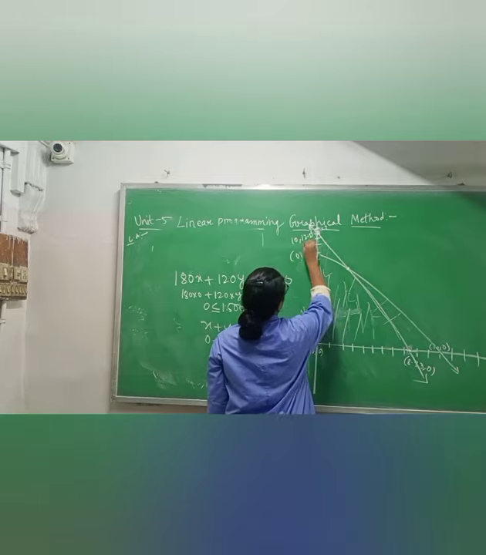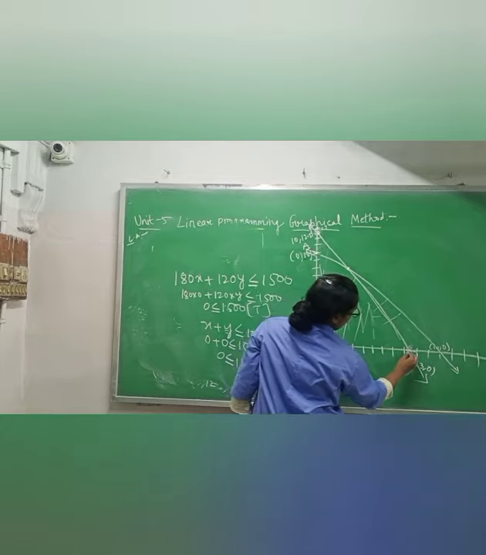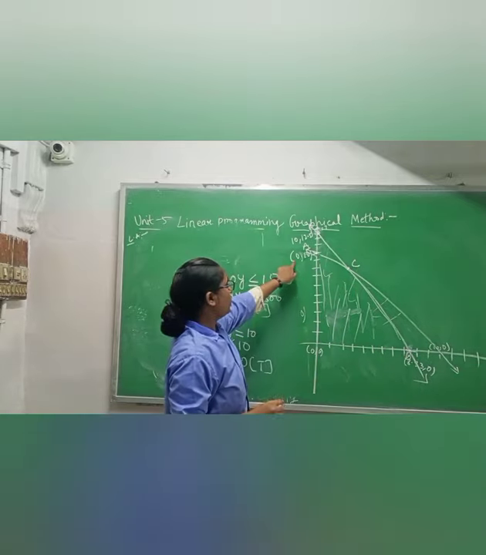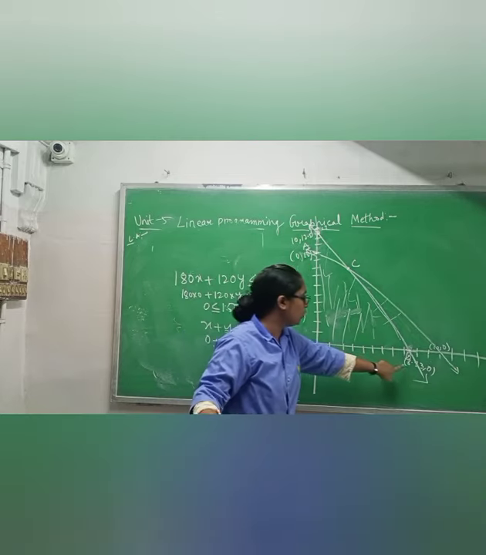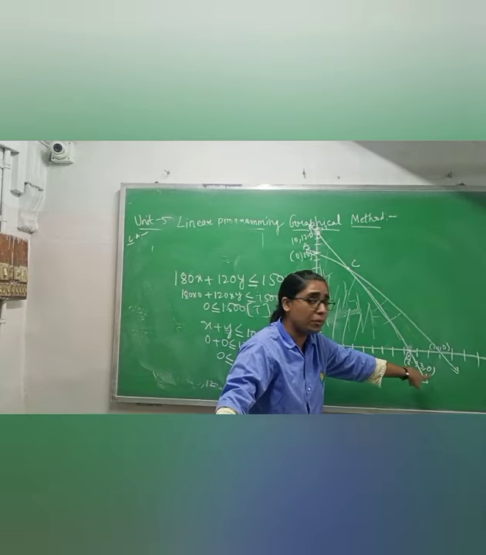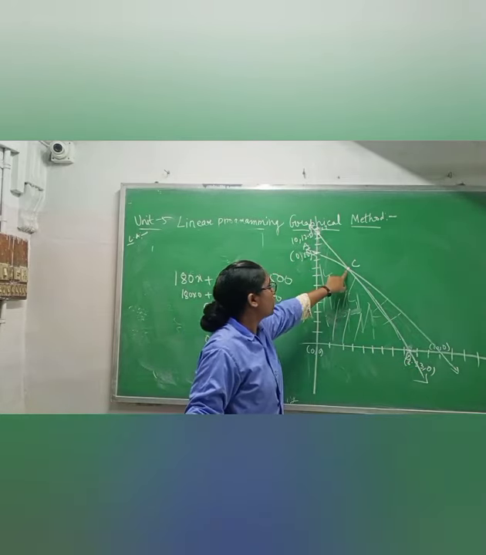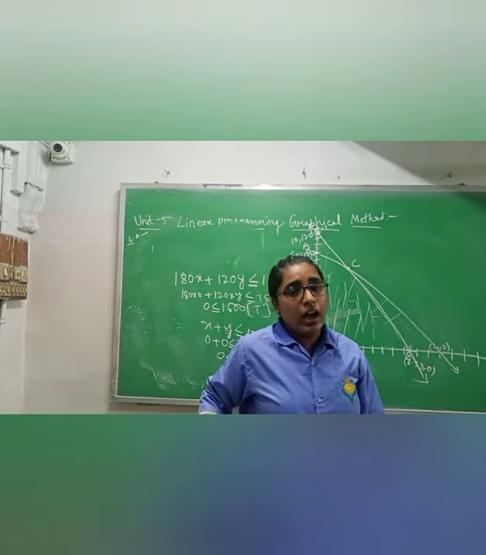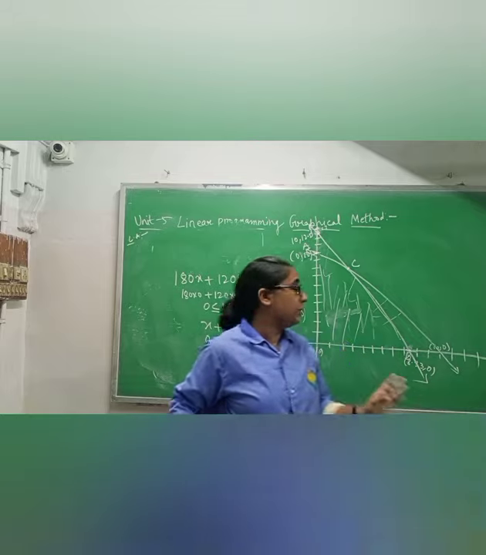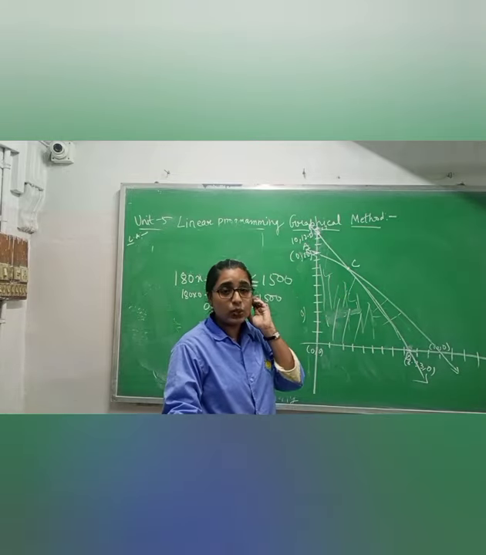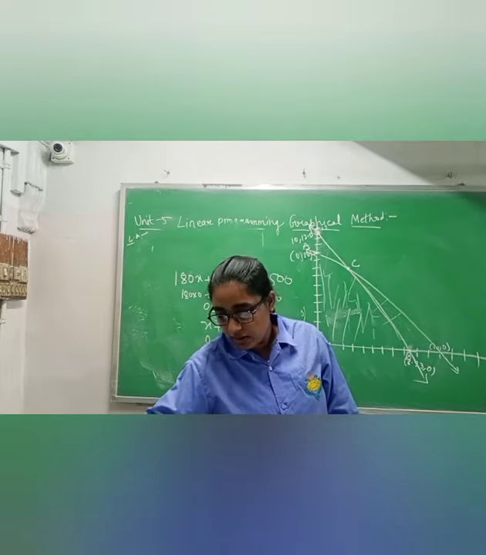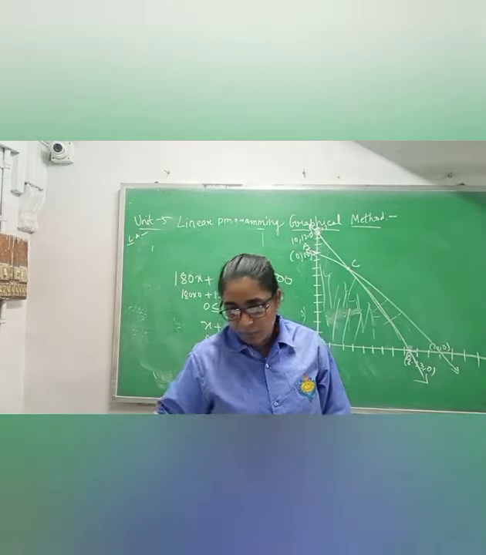I am giving this one the name A, this one B, and this one C. A we know is (0, 10), B we know is (8.33, 0), but we don't know the point C. So we have to find point C. We have to solve 2 linear equations, and we will get the x and y values. That is our corner point.